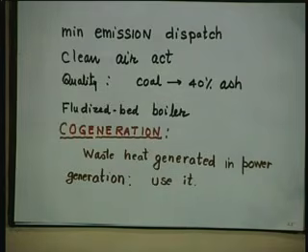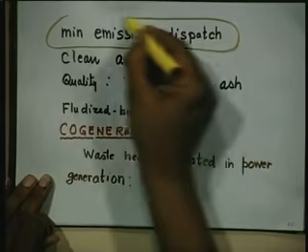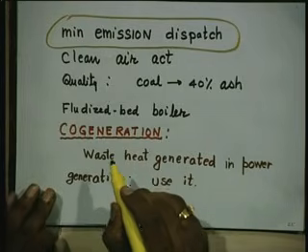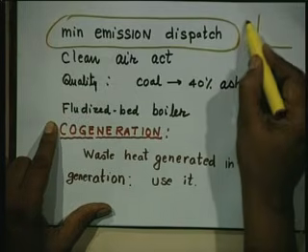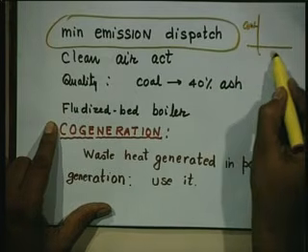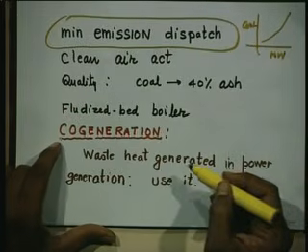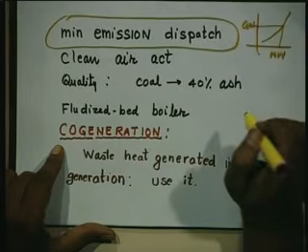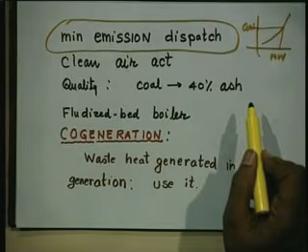Minimum emission dispatch. What do you understand by minimum emission dispatch? When we do economic operation of a power system, what do we do? We minimize cost versus megawatt. This is the cost curve, and we operate at that megawatt having minimum cost. That is called economic dispatch. I talked about it while talking about load forecasting.